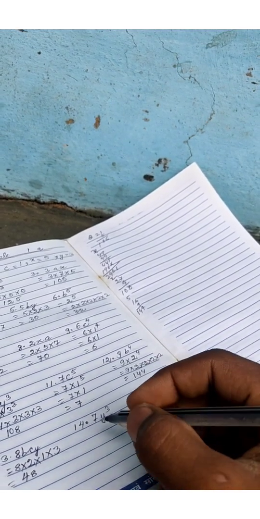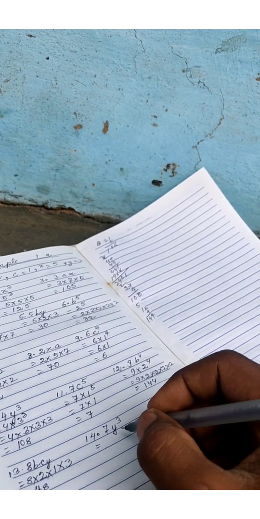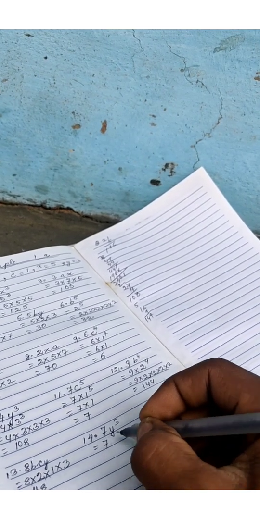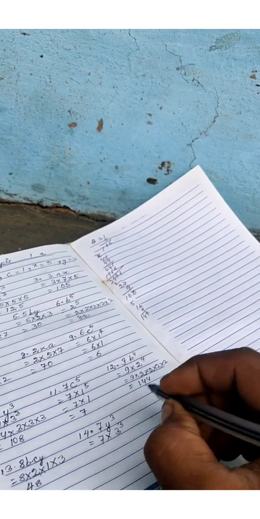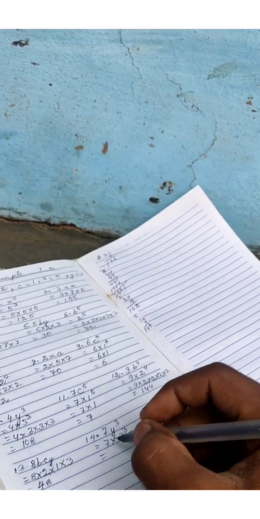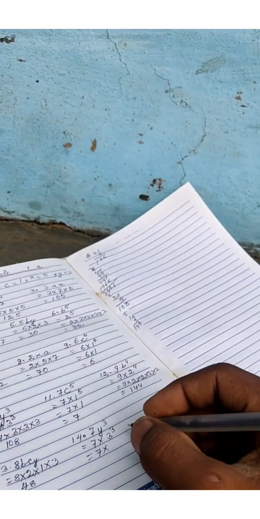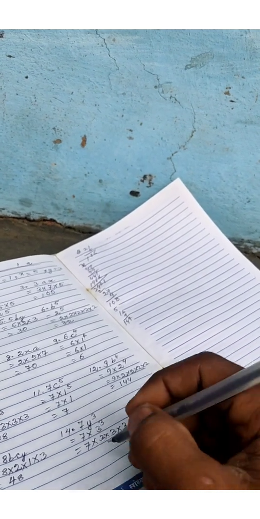Now the next question, which is the 14th one, 7y cube. So copy 7 as it is, and then the value of y is 3. 3 to the power 3. If you know 3 to the power 3, you can put the value directly. But if you don't know, don't worry. 3 3s are 9 and 3 9s are 27.